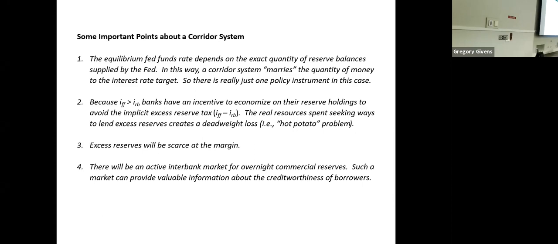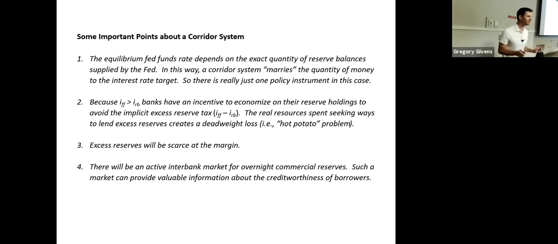If there's a bank in the system that's constantly trying to borrow, that sends the signal to the rest of the banking community that perhaps that bank is in trouble. They may not be solvent, right? So that active interbank market provides a lot of useful information about the creditworthiness of these financial market participants.